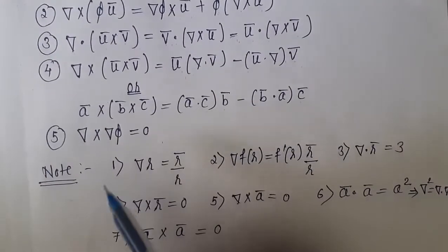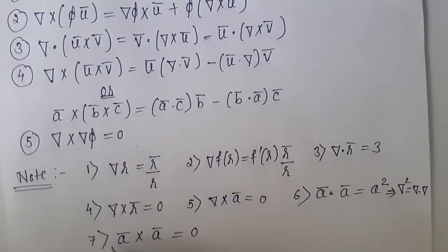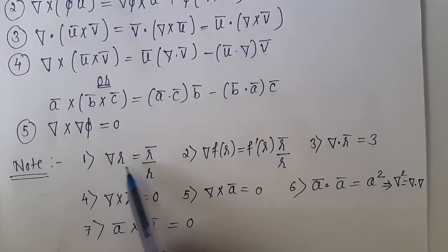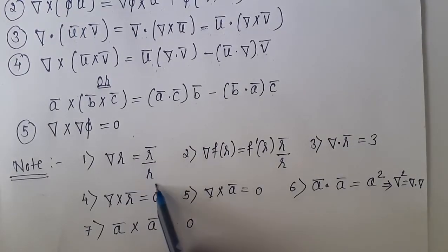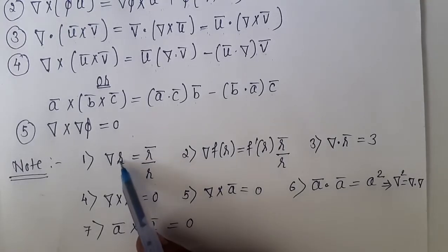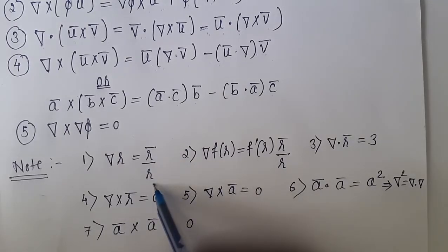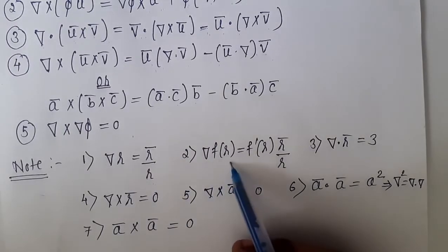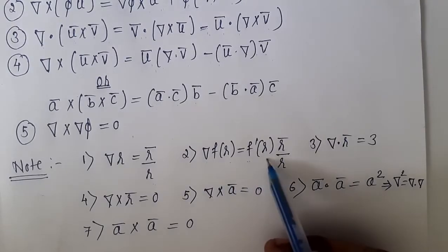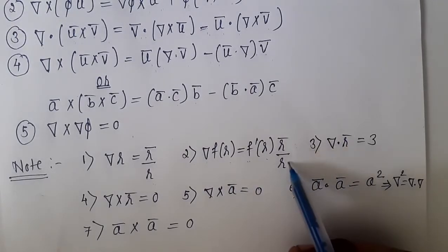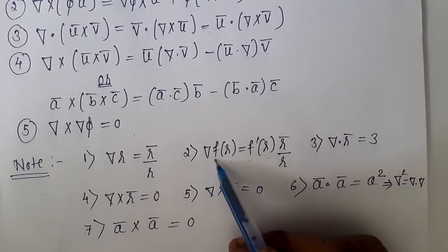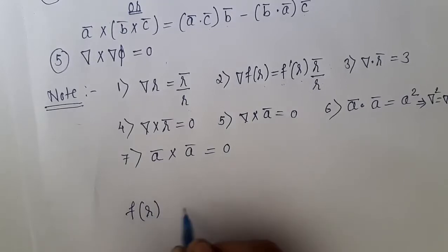Now again we have to remember some standard results. First is del of r, which is equal to vector r divided by r, where r is the square root of x square plus y square plus z square. If we operate del over this, we get r vector divided by r. Now del of f of r is f dash of r multiplied by vector r by r, where f of r may be any function of r.